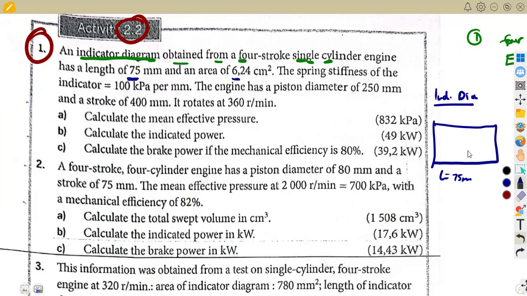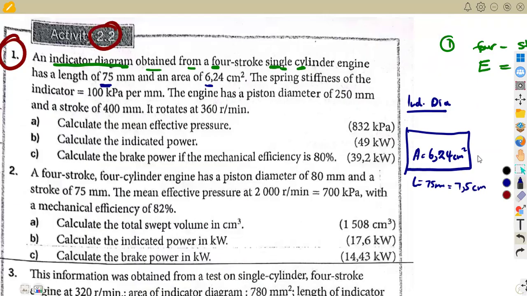As we saw, if the area is given in square centimeters, like what we are given here, 6.24 square centimeters, it means also use your length in centimeters. Just divide by 10, that will be 7.5 centimeters. Then the height in that case we are not given. All right, so this is the indicator diagram. We're done. Leave it like that.